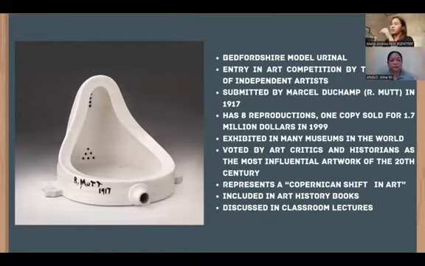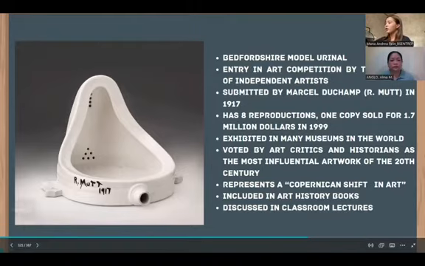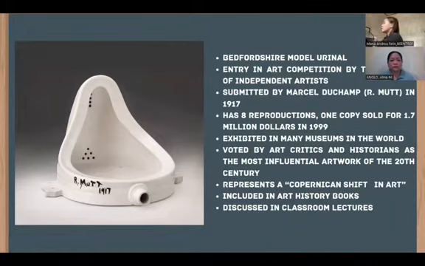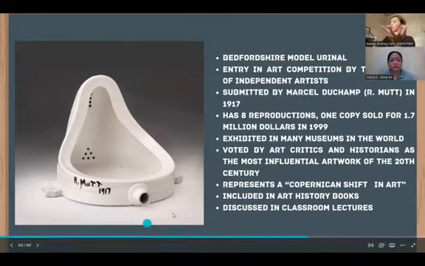Imagine that kind of dollars. Exhibited in many museums in the world, voted also by art critics and historians as the most influential artwork of the 20th century. Represents a Copernican shift in art, included in art history, and discussed in classroom lectures. So that's how the urinal became famous.